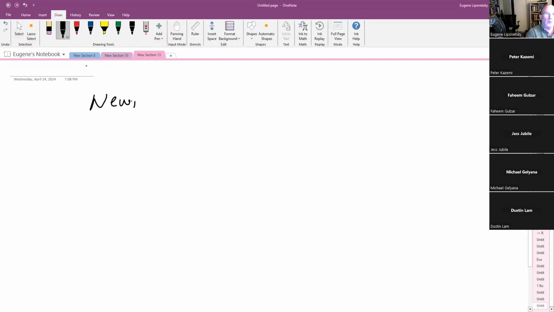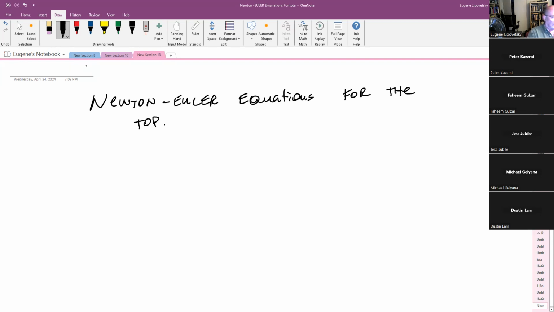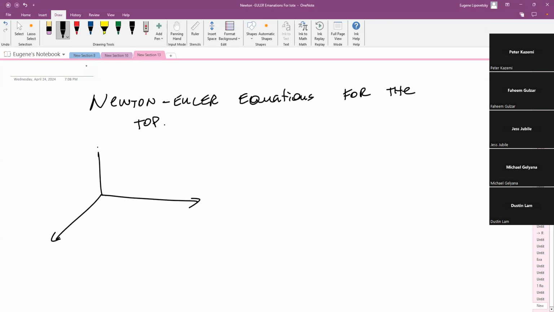Newton Euler equations for the top. Okay. Have pictures similar to what we had last time.